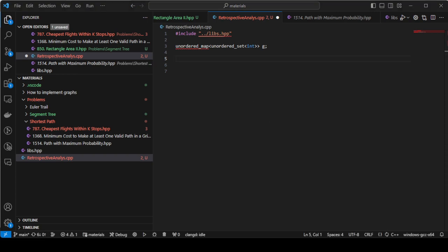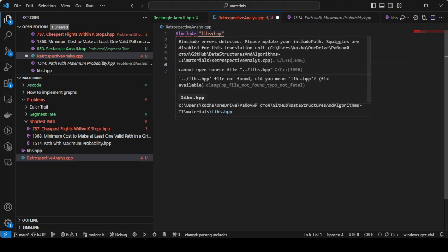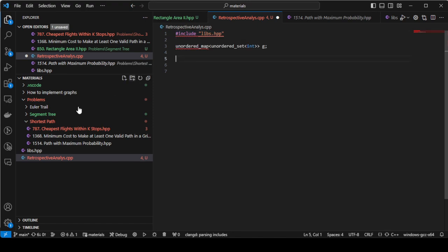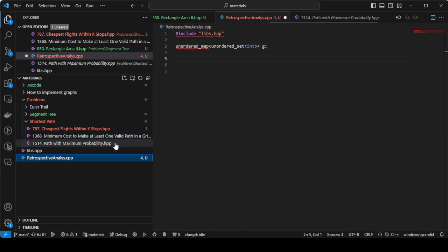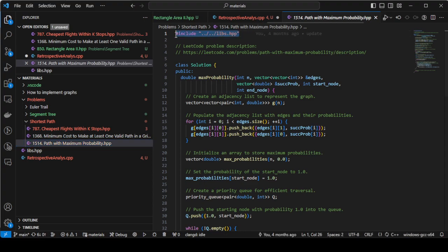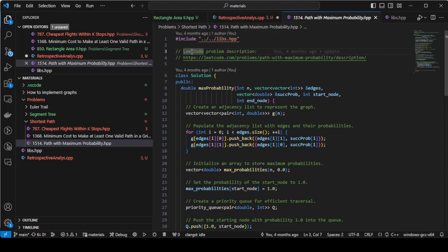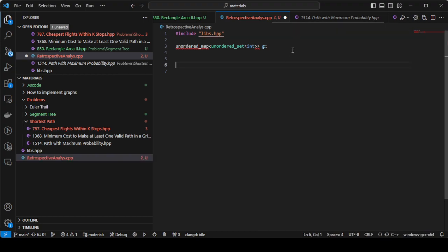Okay, вот. Почему не работает? Ладно, неважно. Я так могу писать. Okay.